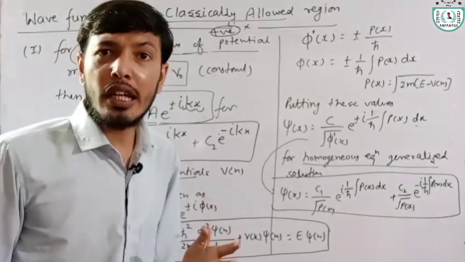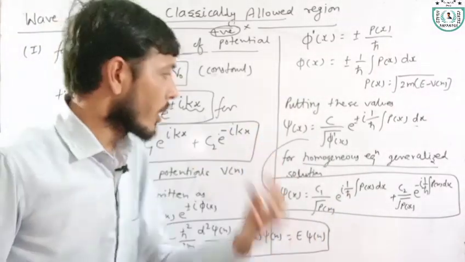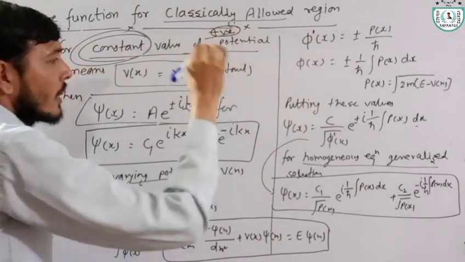Okay, now we will discuss the forbidden region. In the forbidden region, the kinetic energy is negative.